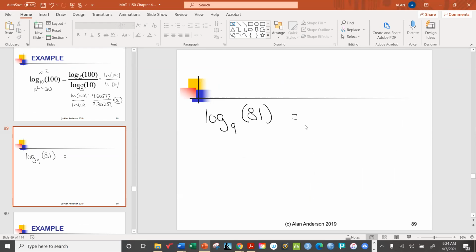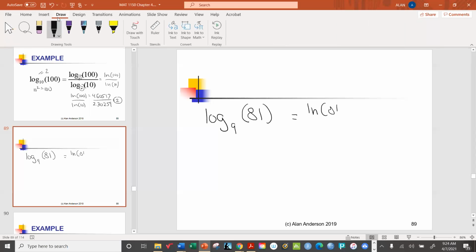If I'm not sure, all I have to do is take the natural log of 81, which is on your calculator, and the natural log of 9. And let's see what that is.